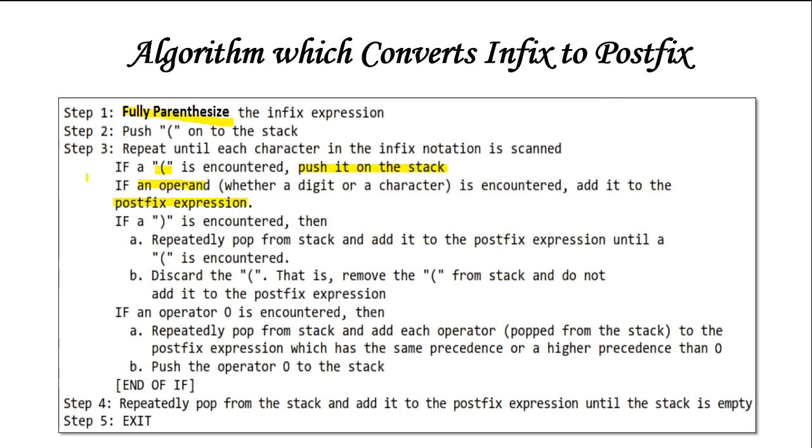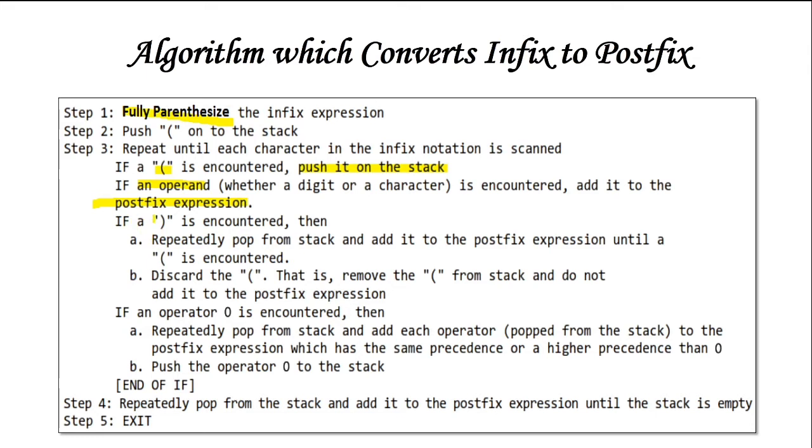If you get an operator, then push it onto the stack. If you get a parenthesis, push it onto the stack. If you get an operand like A or 1, ABC or 1, 2, 3, then push it directly to the postfix expression. No need to save it inside the stack.